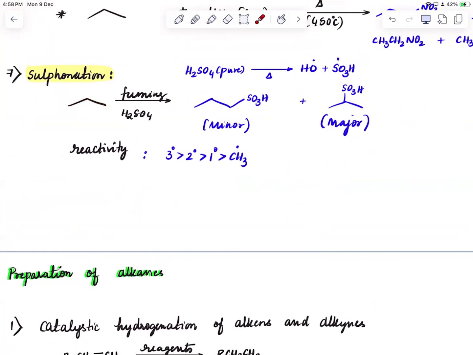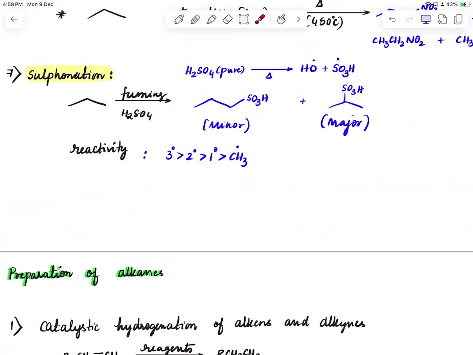So carbon-carbon bond breakage is not observed in this case. Sulfonation will be more observed at the 3-degree position because it is a slow step, and the reaction happens in a more selective way, just like bromine. Here, 3-degree would have more reactivity than 2-degree, 1-degree, and methyl. So this is how sulfonation would work in this case. Clear?